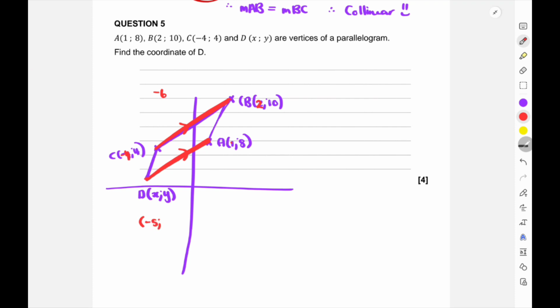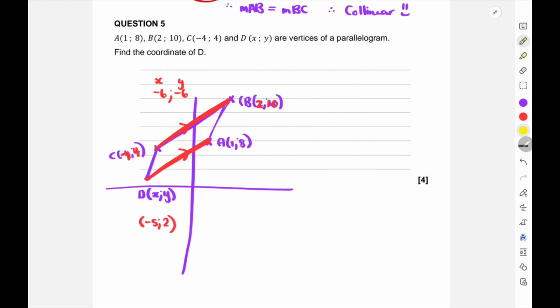Same with the y's. How did I get from 10 to 4? I subtracted 6. That's just the operation that I have to do with the x and the y's. So here again, what is 8 minus 6 will give you that y value, which is 2.